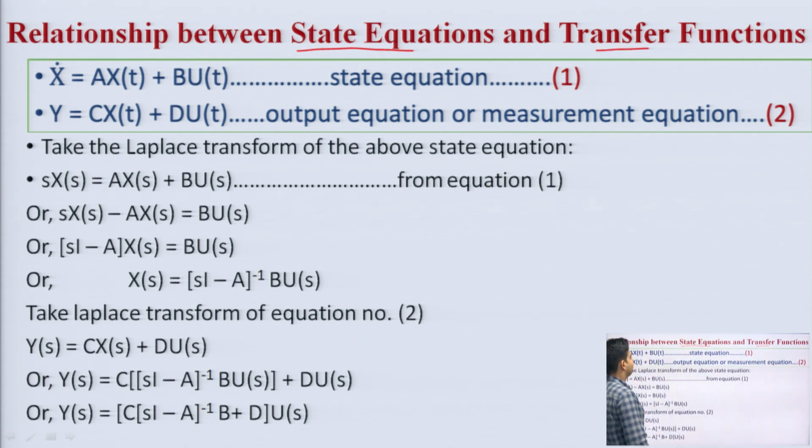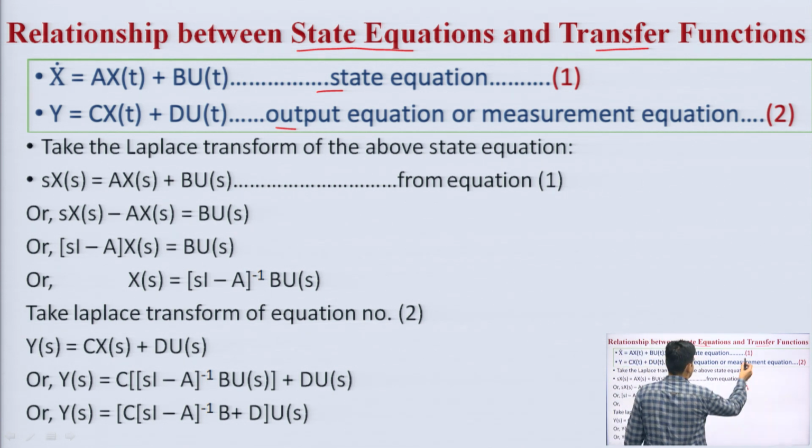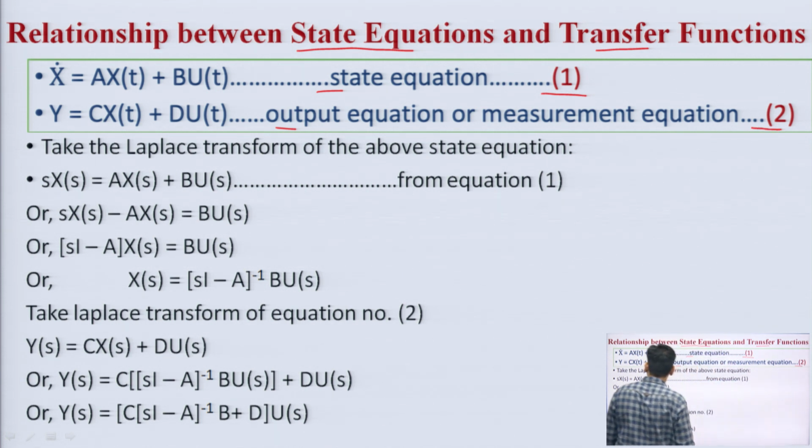For that purpose we need to consider these two equations. Equation 1 is the state equation, and equation 2 is the output equation, as we discussed in the previous lecture. To determine the relation, we need to take the Laplace transform of these two equations. For ease of calculation, I am assuming this is equation number 1 and this one is equation number 2.